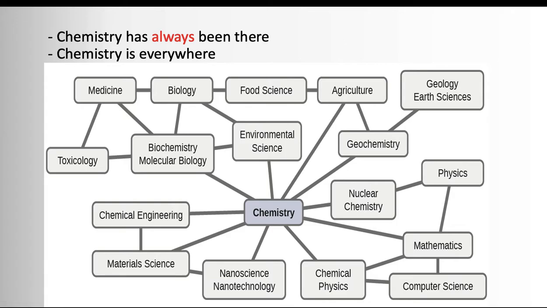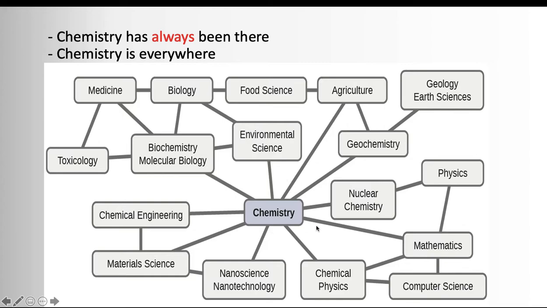They're in the water. Water is a chemical, even though we don't think of it as a chemical, but it is. So the two points are: it's always been there, and it's everywhere. Everywhere we turn around, all our clothes are made of chemicals. I mentioned food, what we eat, and what we are made of are chemicals, even though once again we don't think about it. But we are.